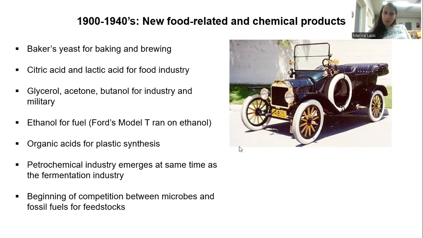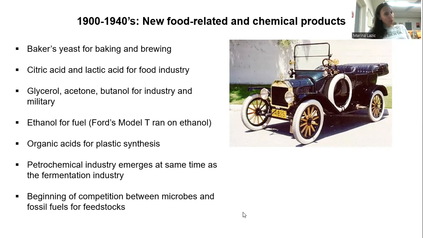Now, in more modern times, between 1900 and 1940, there were some new food-related and chemical products. There was production of baker's yeast for baking and brewing. You all probably heard about that. Lactic acid and citric acid for the food industry, glycerol, acetone, butanol used in military services.